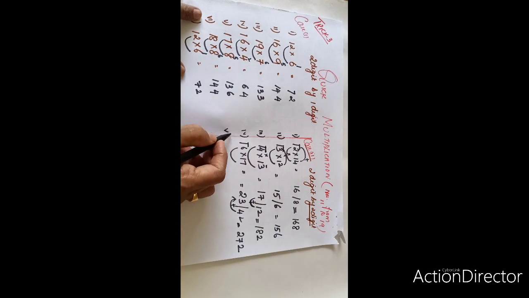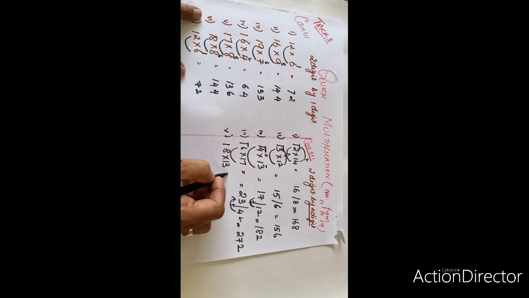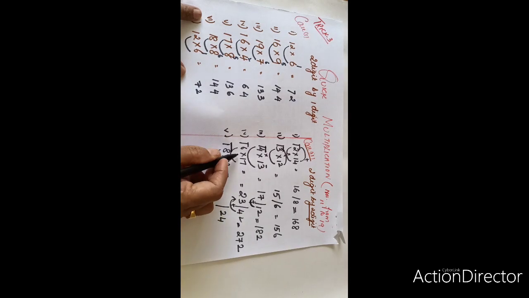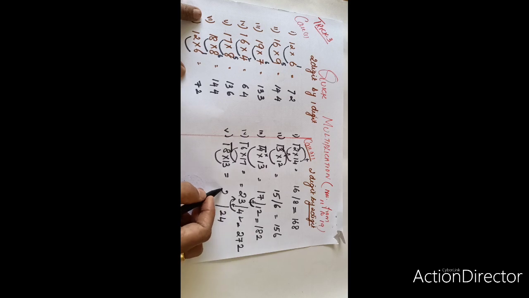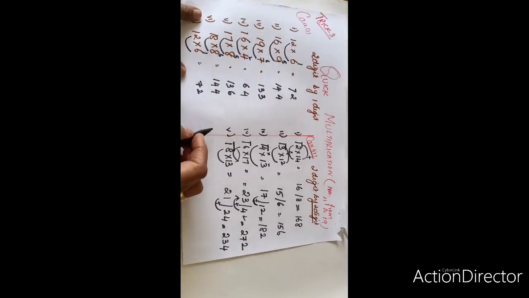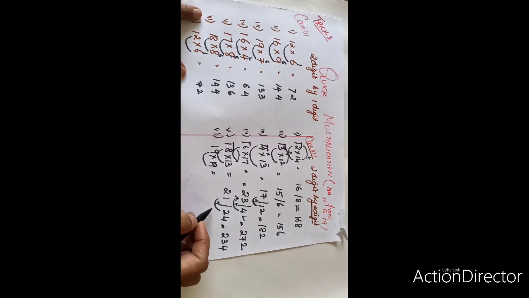Fifth one, 18 into 13. 8 3s are 24. Now 18 plus 3 will be equal to 21. See, you have to add the carry. So it is equal to 234. Sixth one, 19 into 19, which is 9 9s are 81. 19 plus 9 is equal to 28.